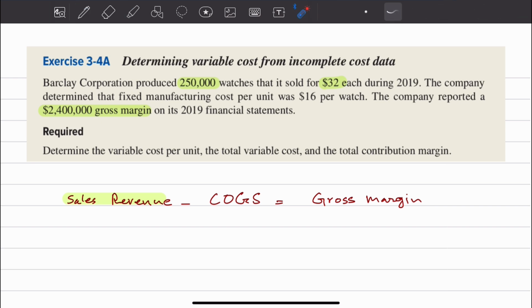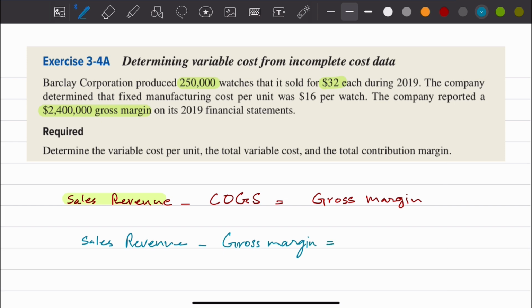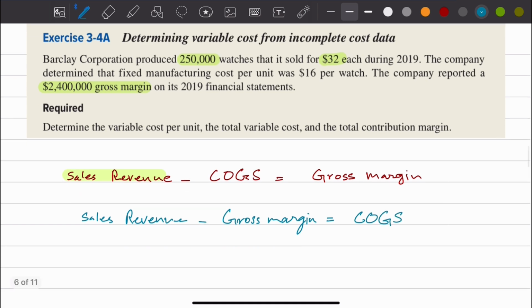If we move this to the other side and move this to the other side, our formula is going to become sales revenue minus gross margin, and that's going to give us the cost of goods sold, right?